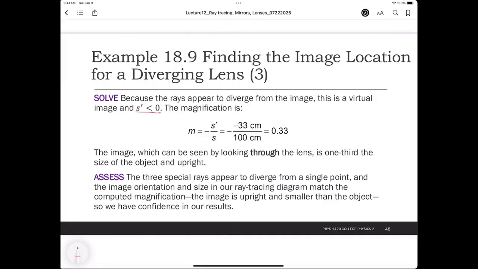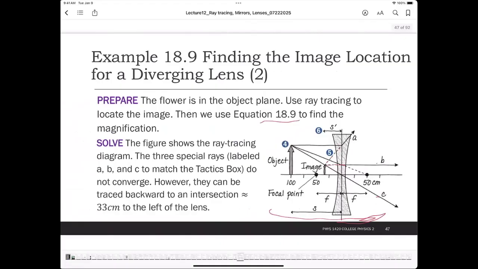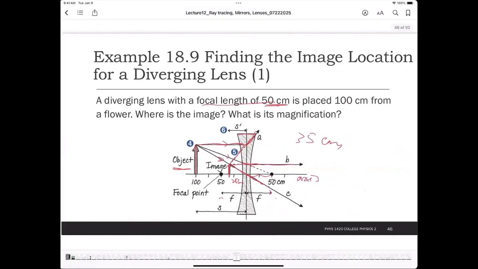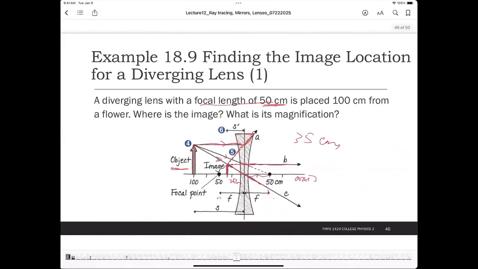The magnification, based on the equation, we know this is around 35 or 33, and this is 100. The question has already given it to you: it's placed 100 centimeters from the flower.